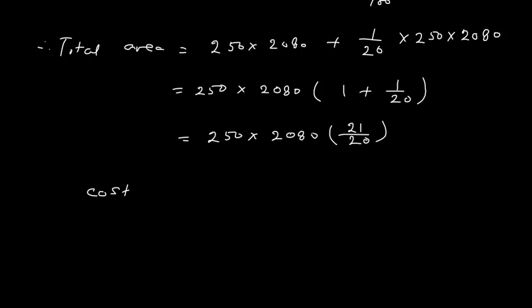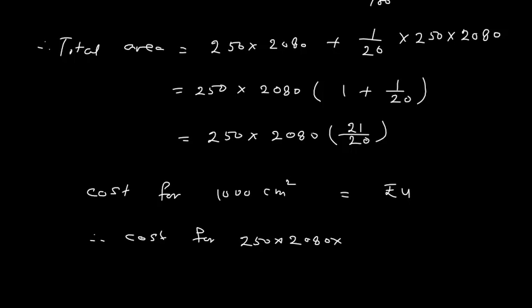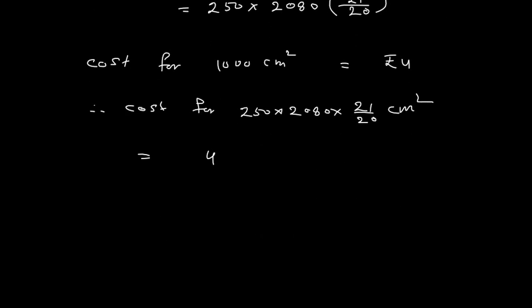So therefore the cost. I know that for 1000 centimeter square, the cost is rupees 4. Therefore the cost for this 250 into 2080 into 21 upon 20 centimeter square will be equal to 4 upon 1000 multiplied by 250 multiplied by 2080 multiplied by 21 upon 20.